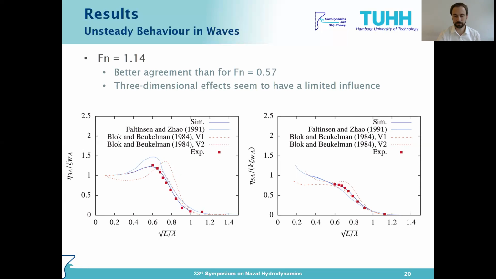What is also shown in these plots are the results obtained by Faltinsen and Zhao, which was a linear 2D plus T method working in the frequency domain. While these results also agree well with the experimental results, there are slight differences in the resonance area, where the nonlinear method performs a little better, and this might be an advantage of the nonlinear method.